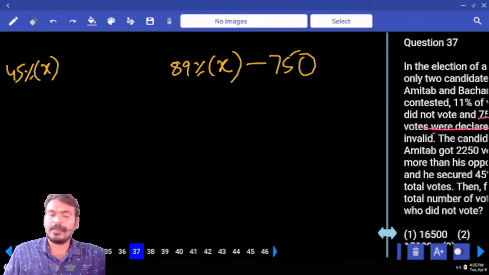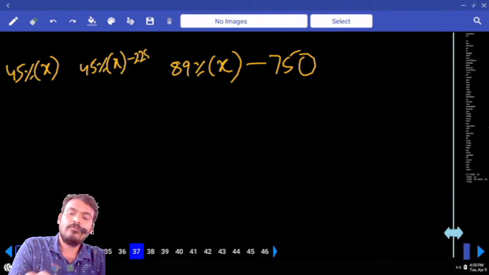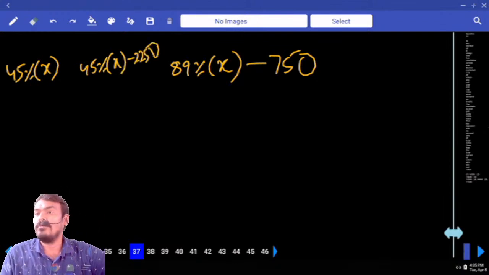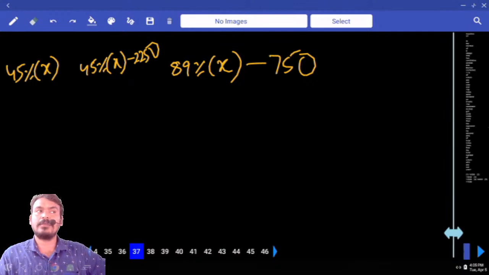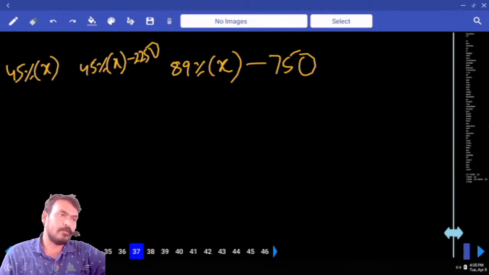So his opponent gets 45% of X minus 2250. 45% of X is A's votes, 45% of X minus 2250 is B's votes.